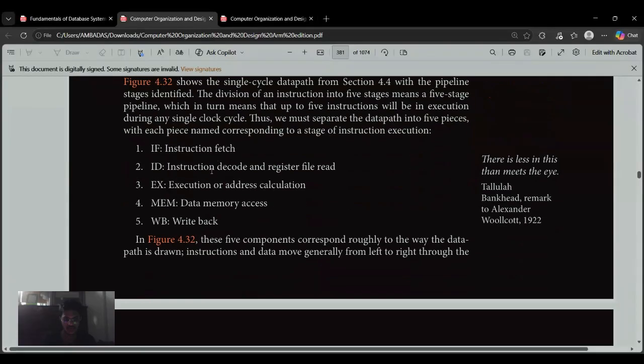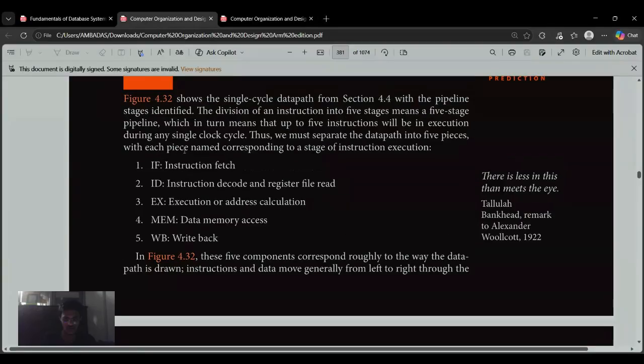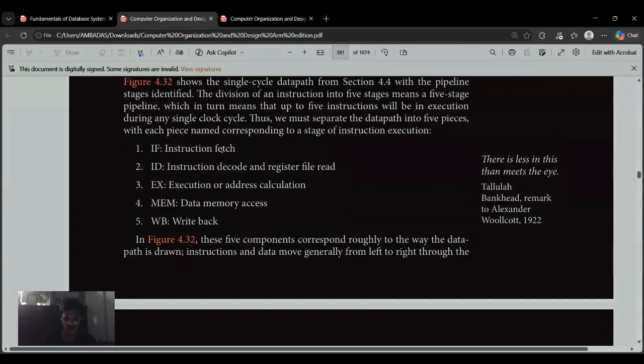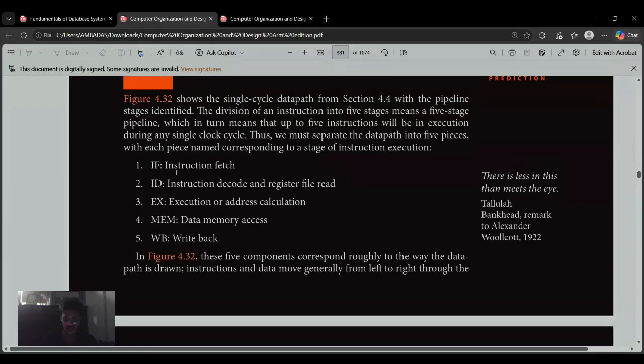So I think our datapath is divided into these stages. We can say these are the five most important stages: instruction fetch, instruction decode, execution phase, data memory access, and write back stage.